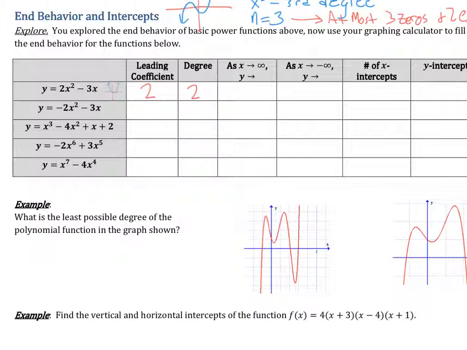Well, y is getting bigger, so y goes to infinity. As x goes to negative infinity, that means x is going to the left. So as x goes to the left, going to negative infinity, what happens? Well, we notice that y goes to infinity also. The number of x-intercepts we have here is 2. The number of y-intercepts we have is 1.